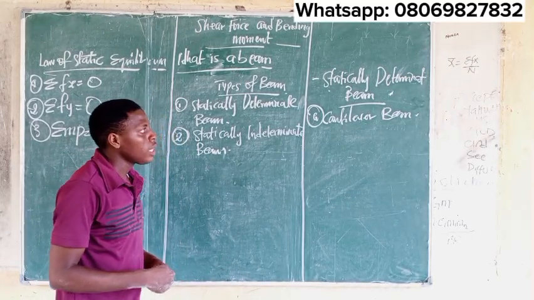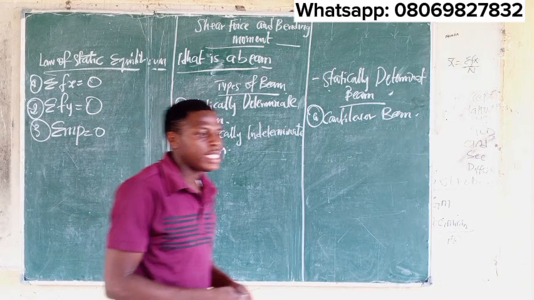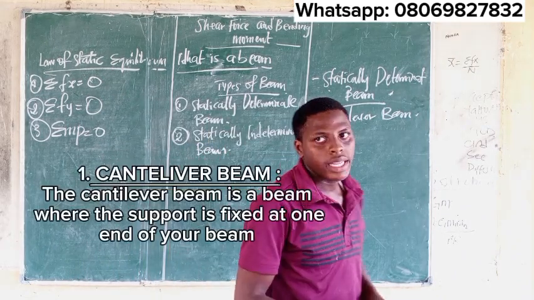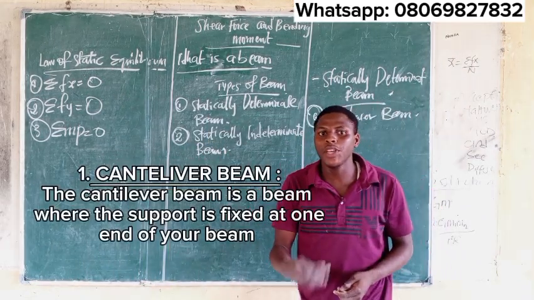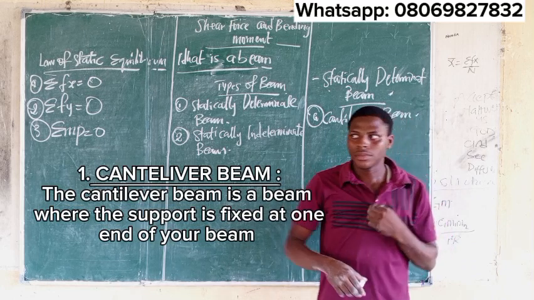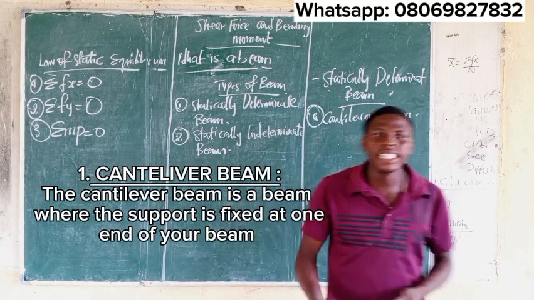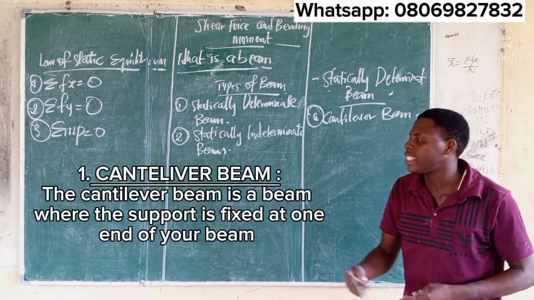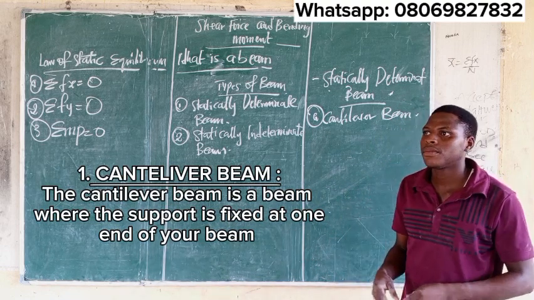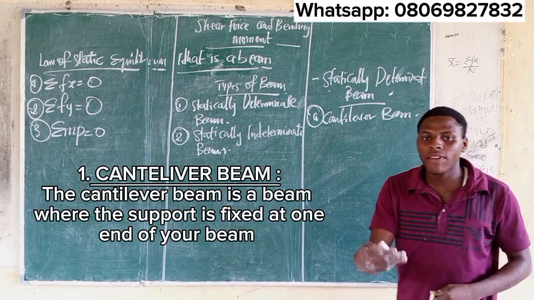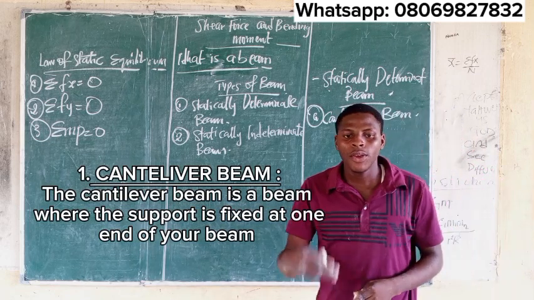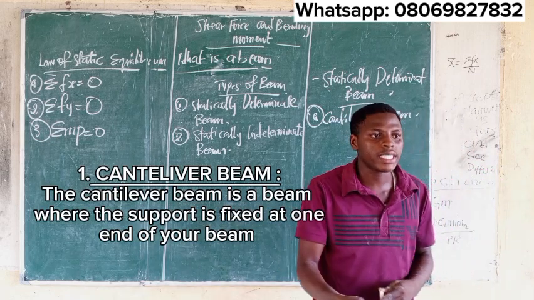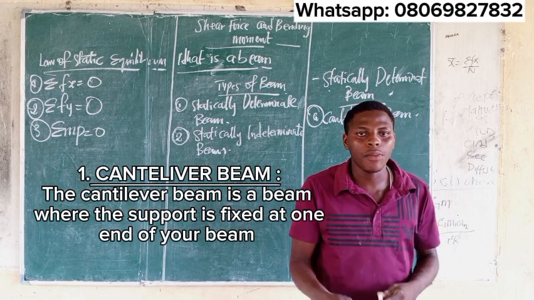Now, what is the cantilever beam? The cantilever beam is a beam where your support is fixed at one end of your beam.